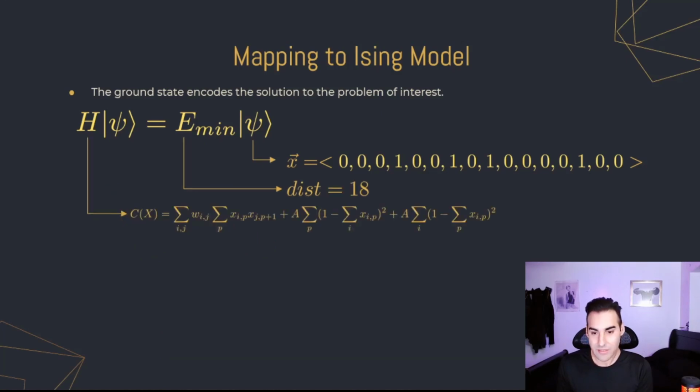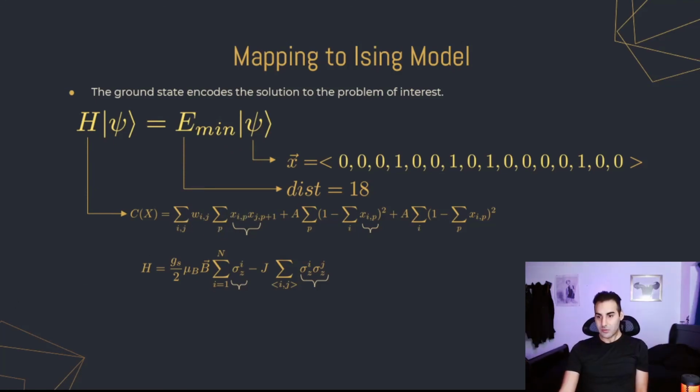And the cost function we modeled after the Hamiltonian, and even if you look at the Ising Hamiltonian, you can see the similarities. It's not far off to realize that solving this problem could solve the traveling salesman as well.